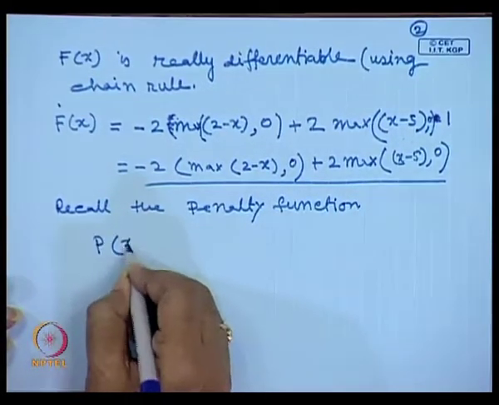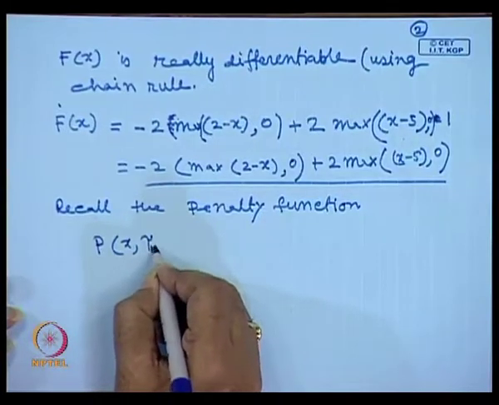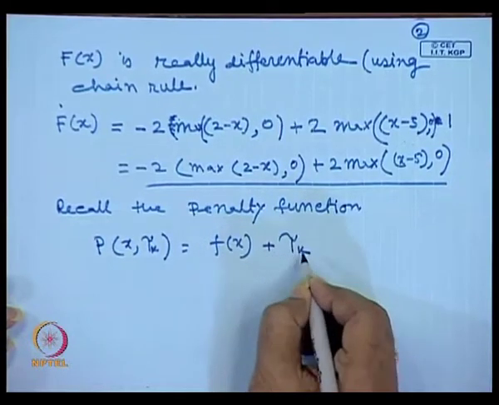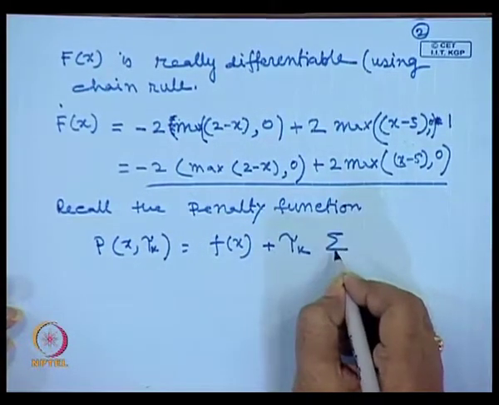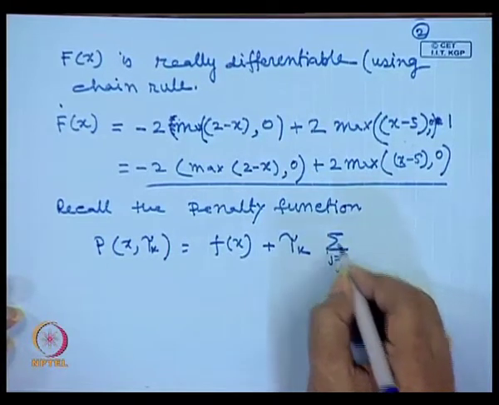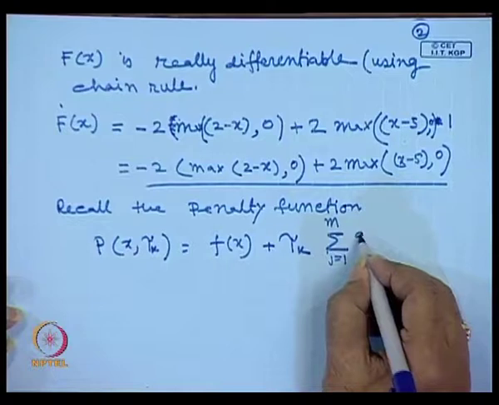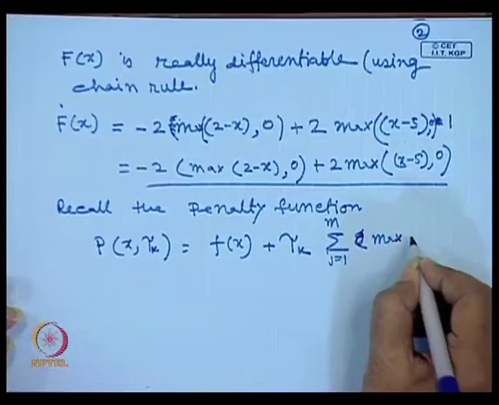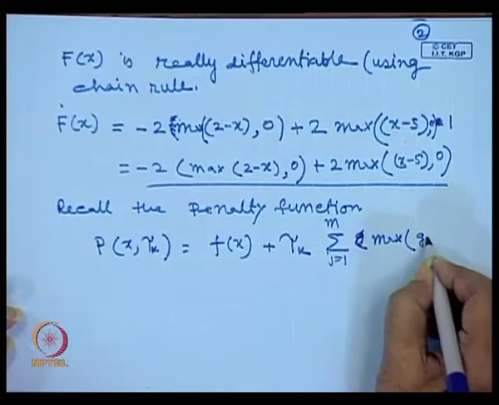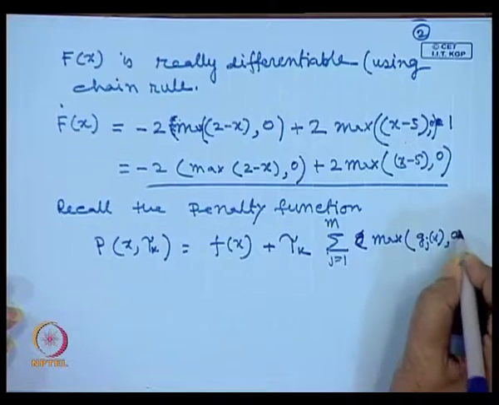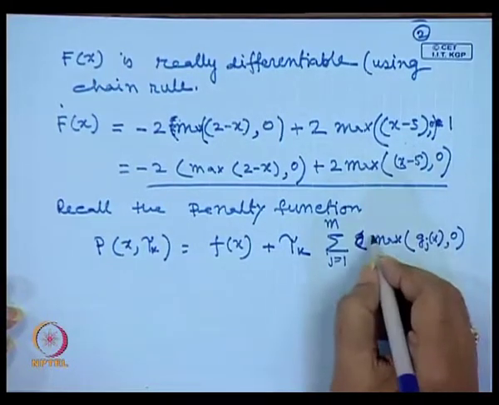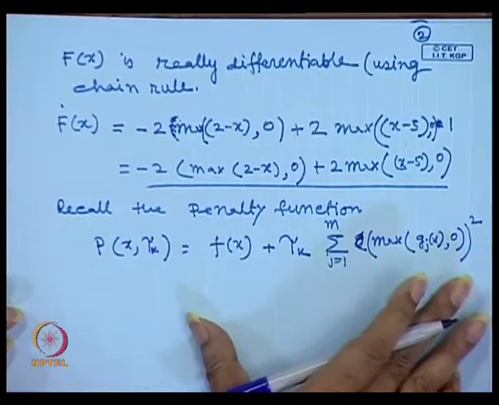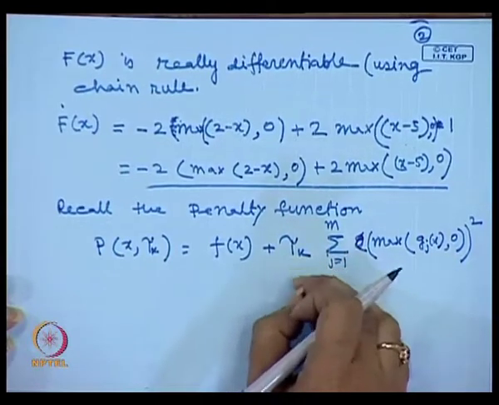P of x, tau k is equal to f of x plus the penalty coefficient tau k times the summation over the inequality conditions, j is equal to 1 to m, of max of g j of x, comma 0, then this max whole square. So, this is our penalty function, and this is the penalty term, and this is the penalty coefficient.